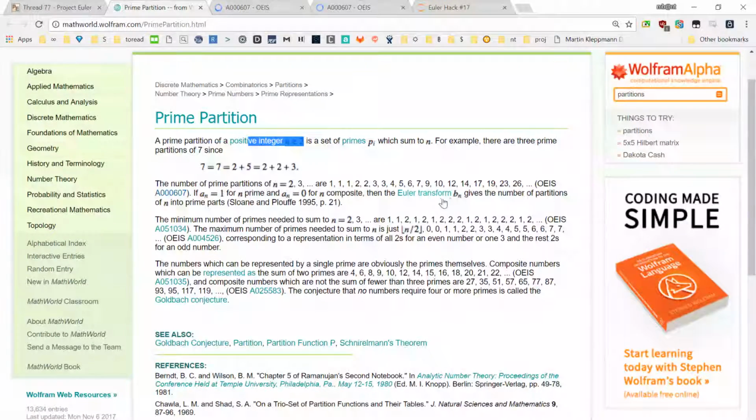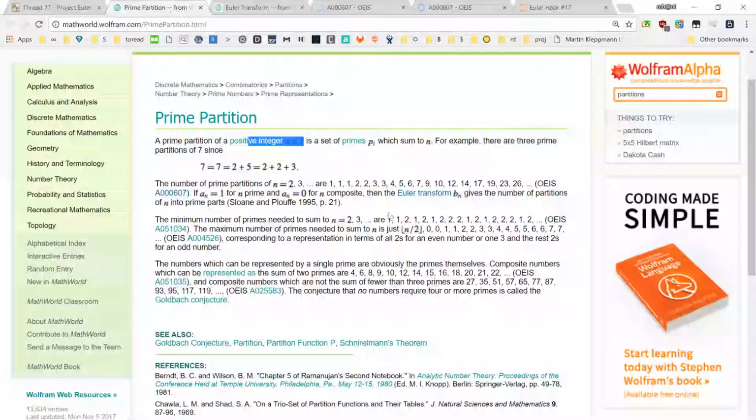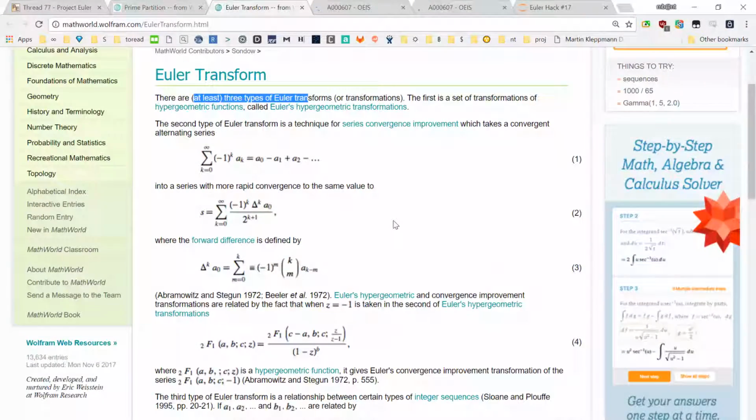The Euler transform. There are at least 3 types of Euler transforms. Well, okay, then which one is he talking about? Bn.